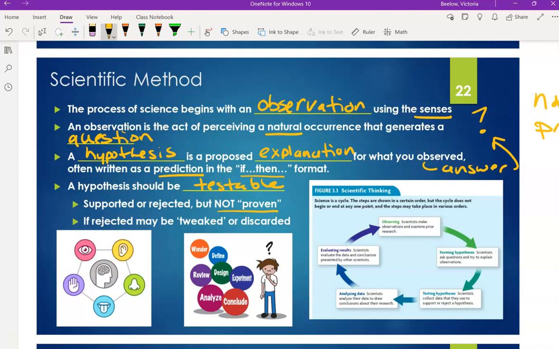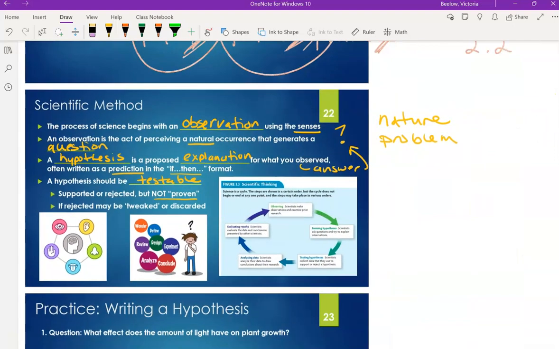And sometimes scientists will set out and do an experiment and test their hypothesis, and it's totally wrong, and that's okay. That just means that you learn something from that process and you can start the process over again. That's why it's often represented like a circle here, and sometimes you'll even see the scientific method represented as something very linear, but with a lot of arrows going back to steps, and that is okay too.